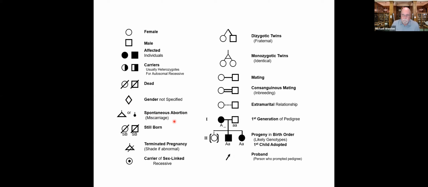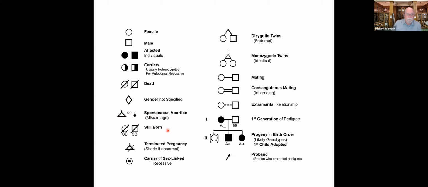Spontaneous abortions, miscarriages, are usually a symbol such as this or this. This is fairly common. This little dot here was incomplete. Okay, and there's other forms that you can show here. Now, you can shade these as well. Okay, if it was known to be related to whatever genetic disease problem you're looking for, you can color it in or bring it through.